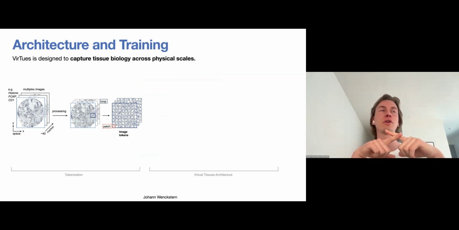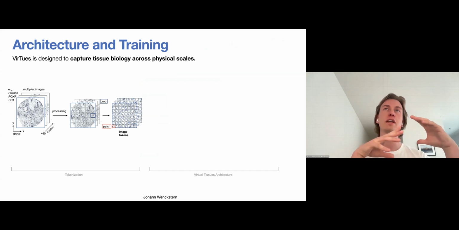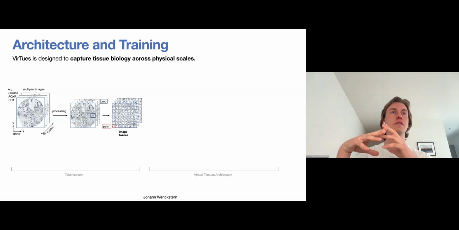This is important because the entire TMA is too high dimensional as a data sample for a deep learning algorithm. With the current GPU compute resources, we need to focus on a smaller subsection. So our unit of operation for our model is one crop, which you can see here in dark blue. This is also what we call a cell niche, and it's a couple of dozen cells.